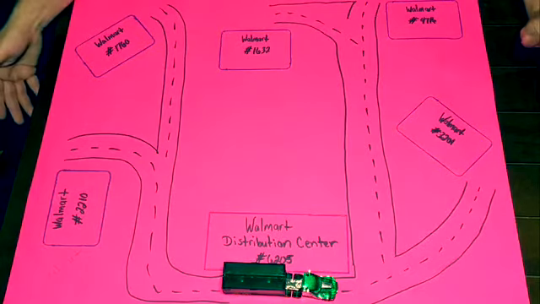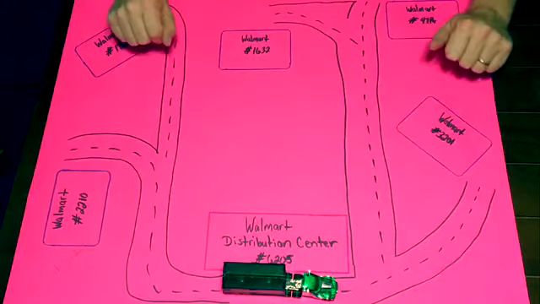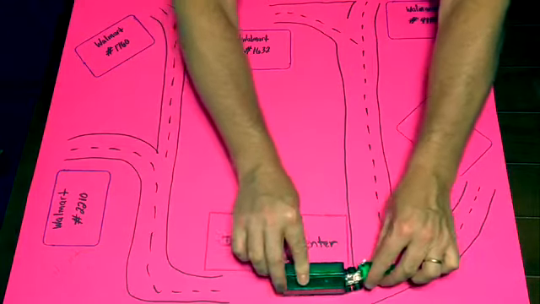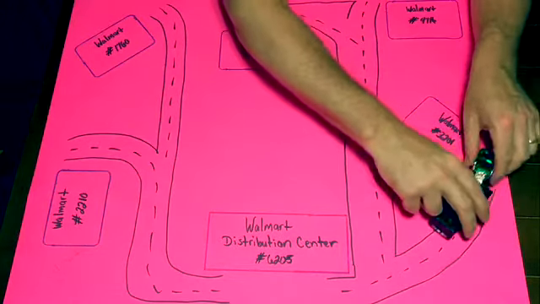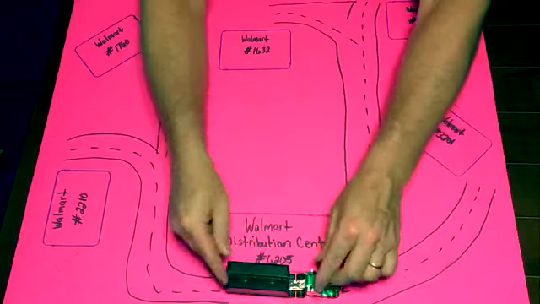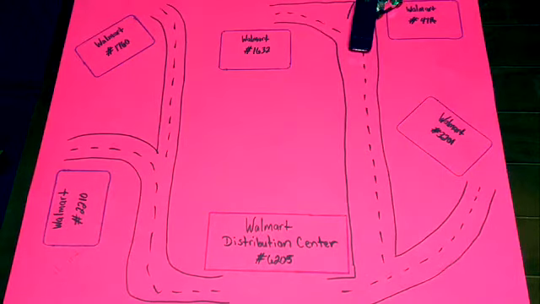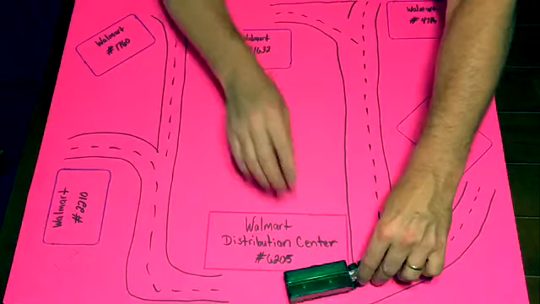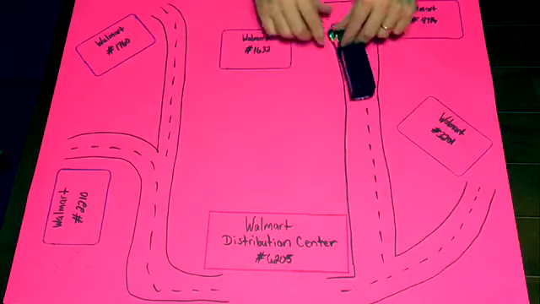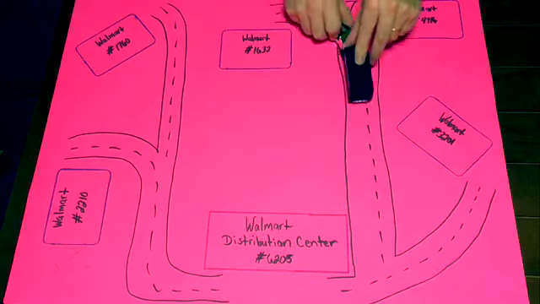Now, how that occurs is, say this is a Walmart truck. This Walmart truck will load up the products and deliver to a store. Other trucks will be doing the same thing. Other trucks will load up products and deliver them to the other stores in a specified area. And this goes on all the time. Anytime you're out and about on the road, just look around, you'll see a Walmart truck, pretty sure.